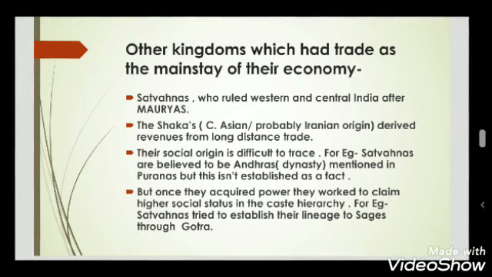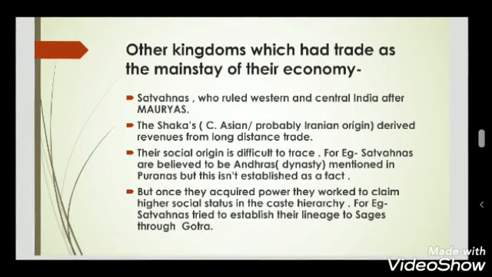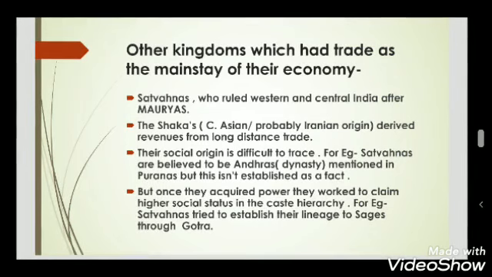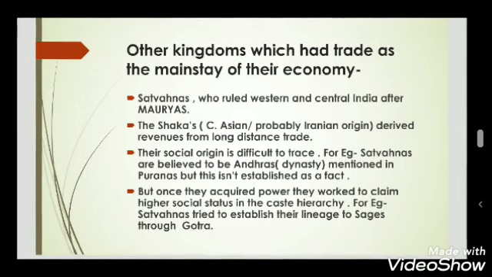But this much is certain, that once these dynasties acquired power, in order to maintain or legitimize their rule, they adopted various ways by which they could have a claim on power. One such thing the Satavahanas did was they tried to trace their lineages to the sages mentioned in Hinduism.